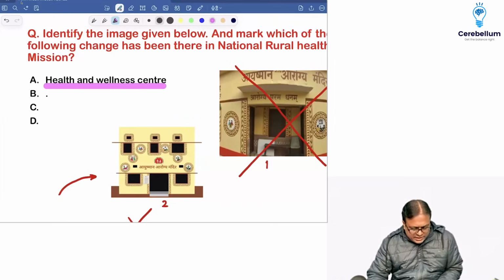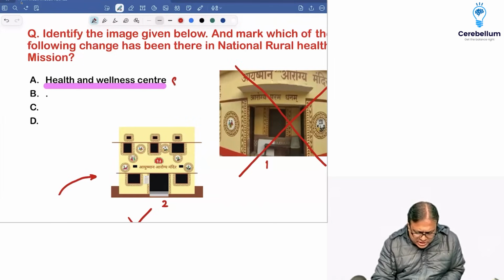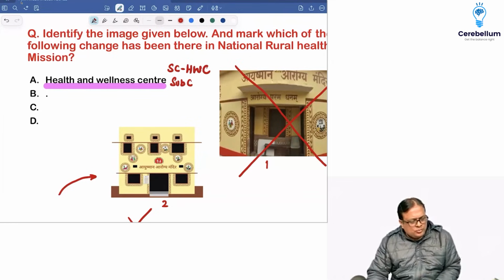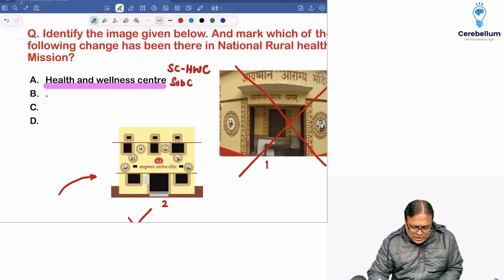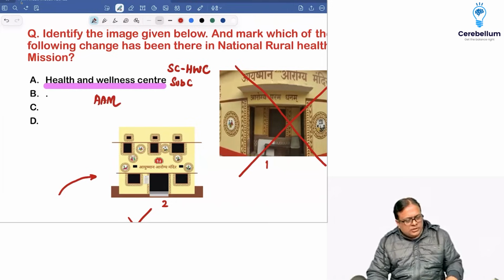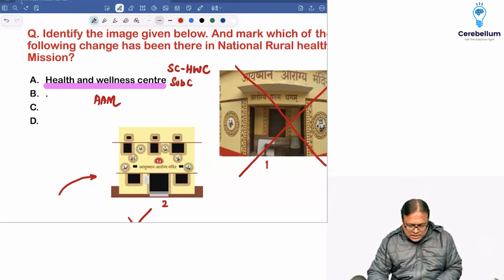Yes, this is a sub center, health and wellness center. If they ask its new name, the new name is now Ayushman Arogya Mandir. So please confirm the new name of health and wellness center is Ayushman Arogya Mandir, right? Okay.